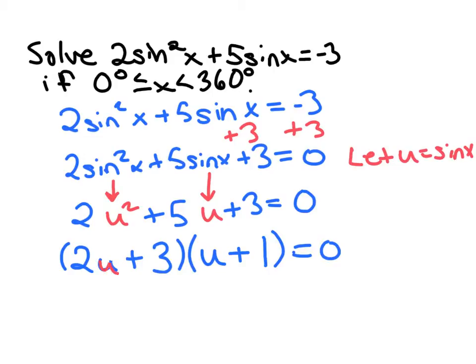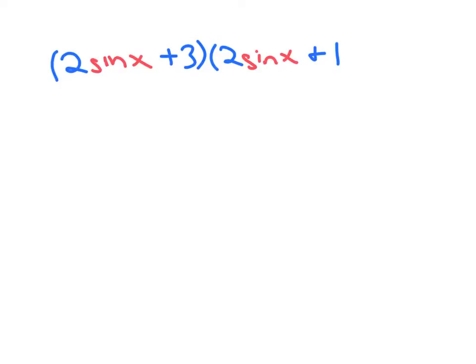And let me highlight these u's in red. So once you've got it factored, then it's time to put back the sine of x in each of those factors. So I'm going to put it back here. We had 2 times u, which is sine x, plus 3, and then u, which is sine x, plus 1.